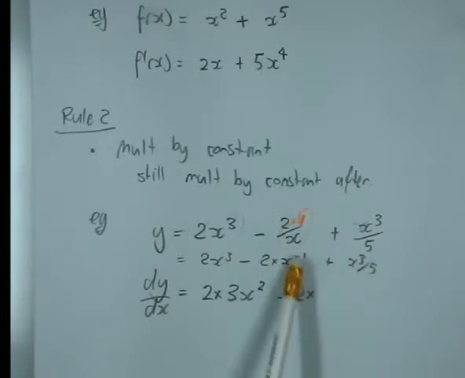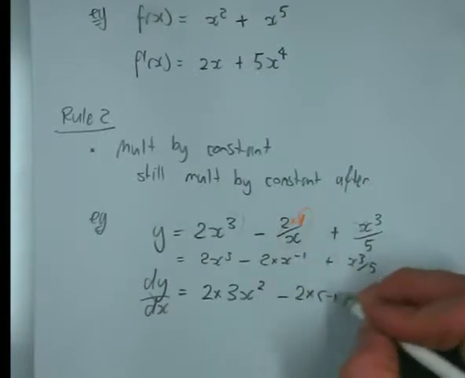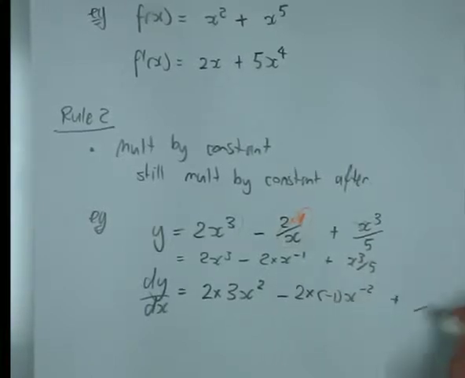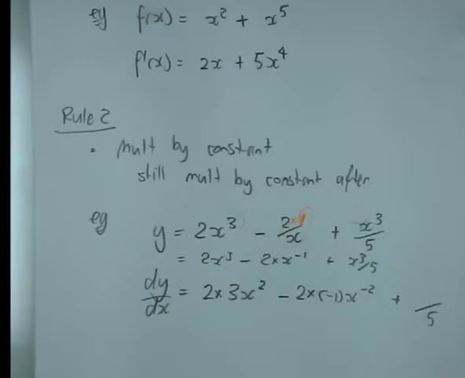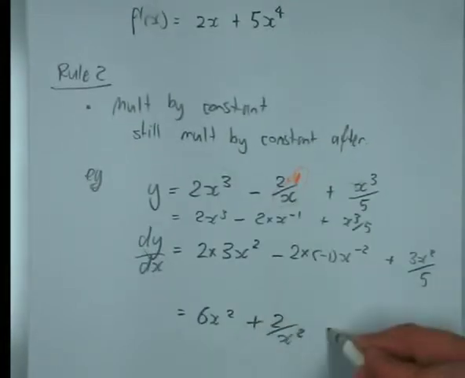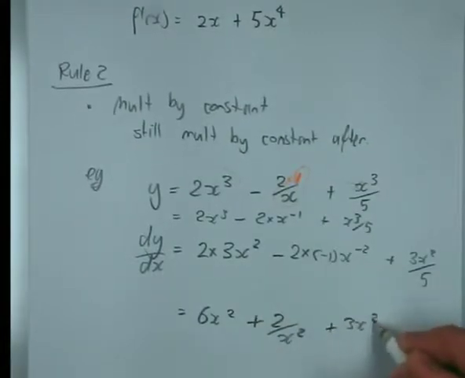Okay, so that x to the minus 1 will give me times by current power, reduce power by 1. And this last one, the divided by 5, will still be there because it's technically times by a fifth, and it'll be 3x squared. So I'm going to get 6x squared minus 2x squared plus 3x squared on 5.